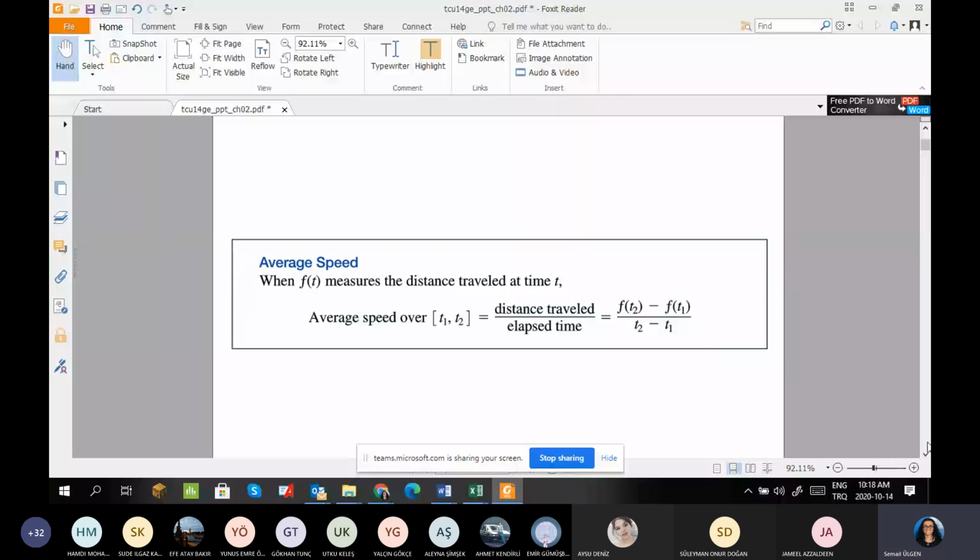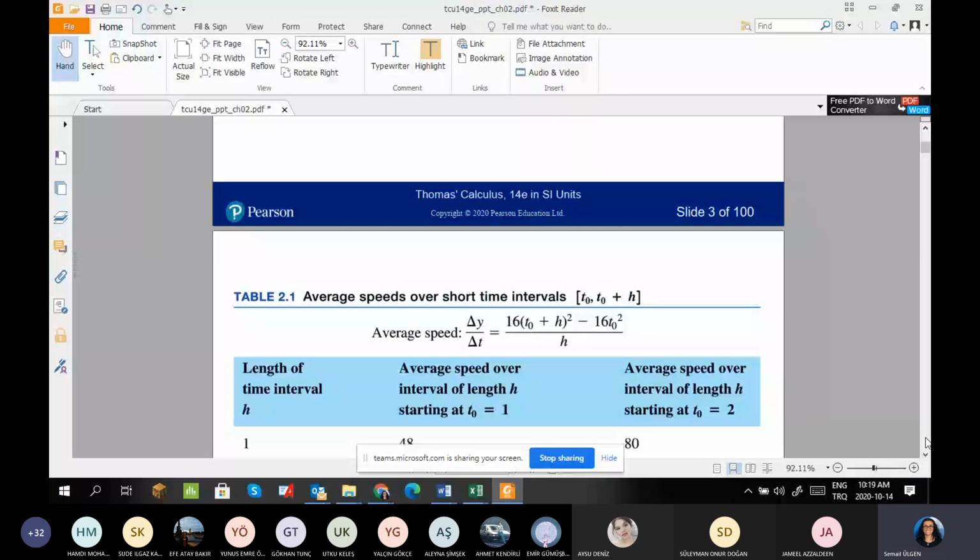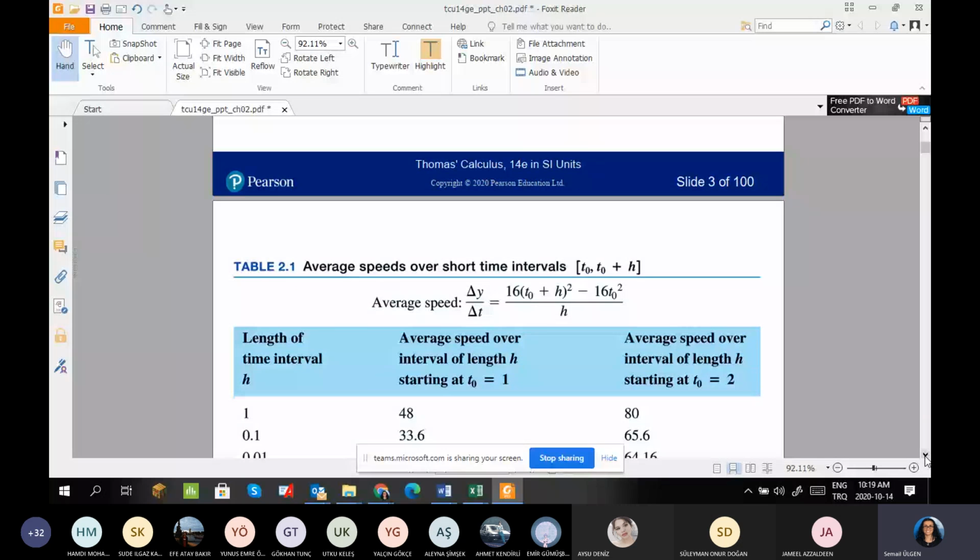So this is an important definition, because it's going to take us to the definition of finding the instantaneous velocity of an object, the instantaneous speed of an object. What do I mean by that? Usually we are interested in the speed of an object at a certain time, but we may not have that information.